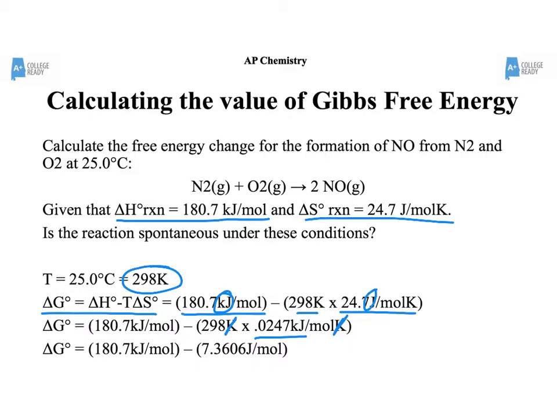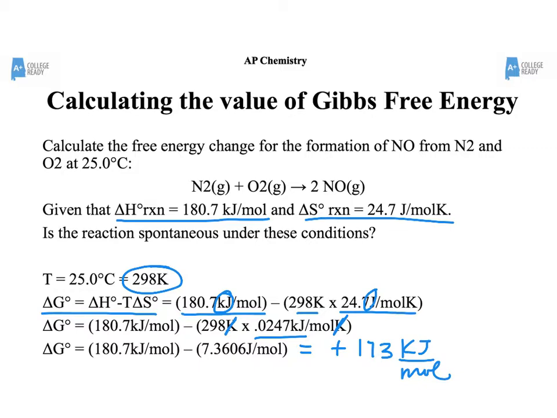And here, now we just have to type this into our calculator, and we end up getting positive 173 kilojoules per mole. So is this reaction thermodynamically favored? Well, what did we get?